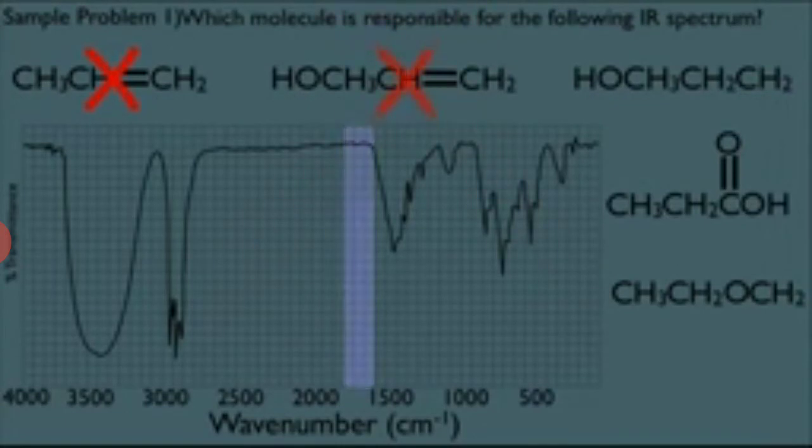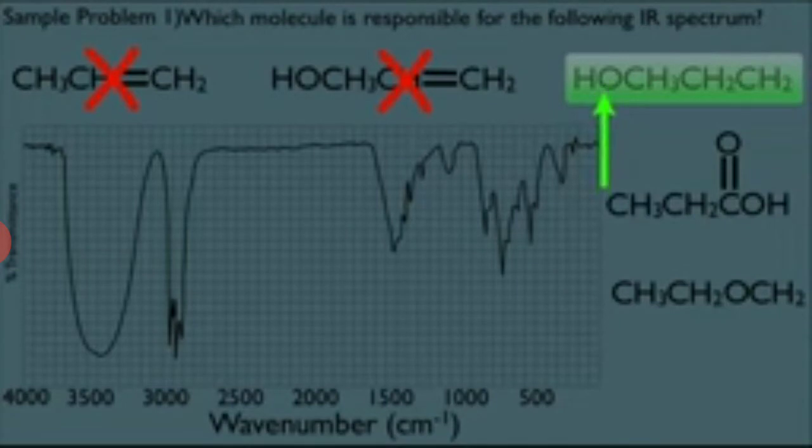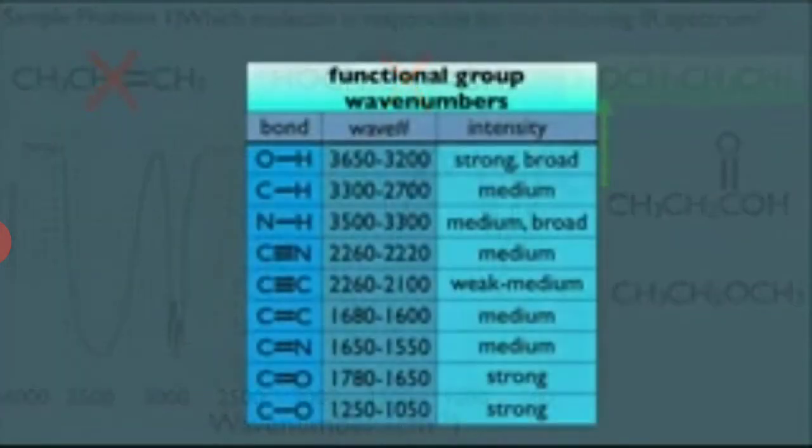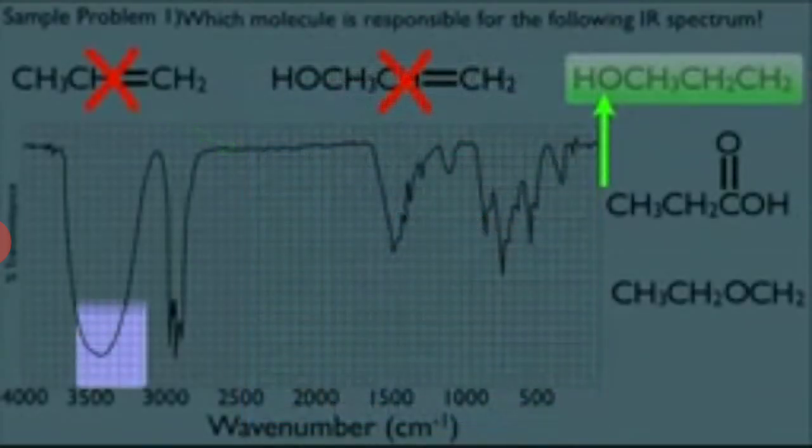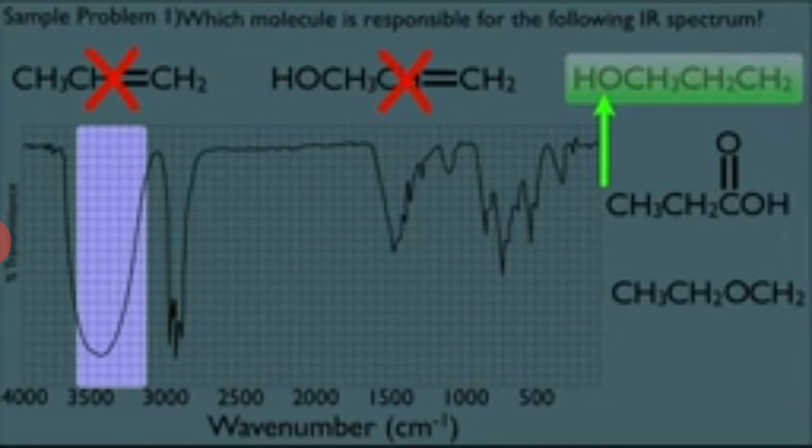As we have seen, there is no carbon-carbon double bond peak present, so the second molecule, which also has a carbon-carbon double bond, is not possible, so the second will not be the answer. Now look at the third compound. It has an OH group. The OH group stands at 3200 to 3650, where we have a strong and broad peak, and here we have a broad peak of OH.